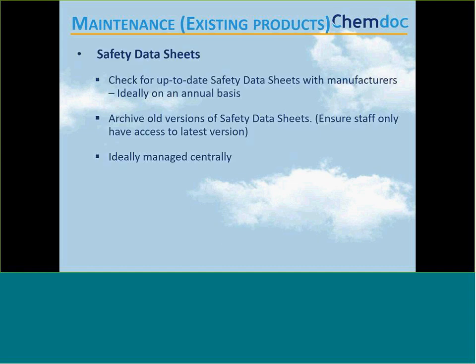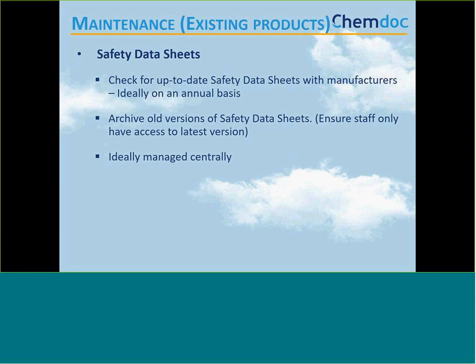So this falls into 2 different areas. For all your existing products, the products you currently have, keep safety data sheets and the COSHH assessments up to date. First of all, with the safety data sheets, you should check all safety data sheets, ideally on an annual basis. So you should go back to the manufacturer at least once a year and check, is this still the current version of the safety data sheet?